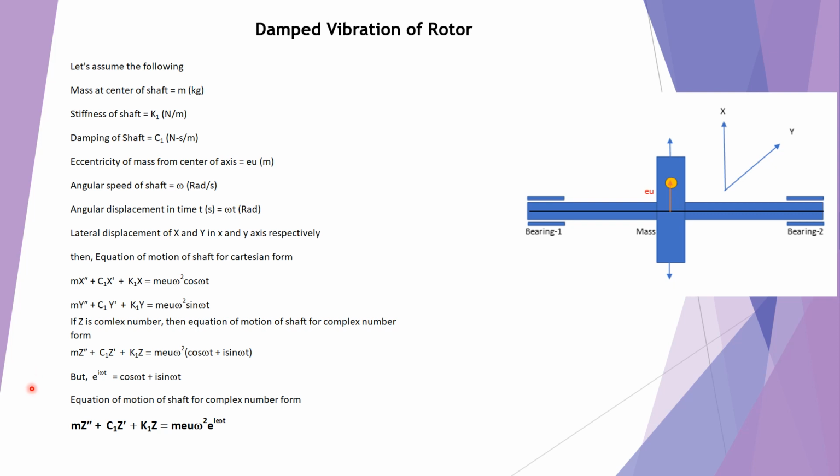But e to the power i omega t is equal to cos omega t plus i sin omega t. So the equation of motion of the shaft can be written as m z double dot plus c1 z dot plus k1 z is equal to m eu omega square e to the power i omega t. This is the expression for motion of damped vibration.